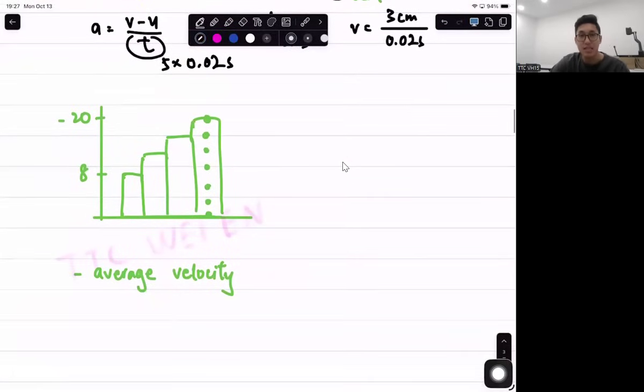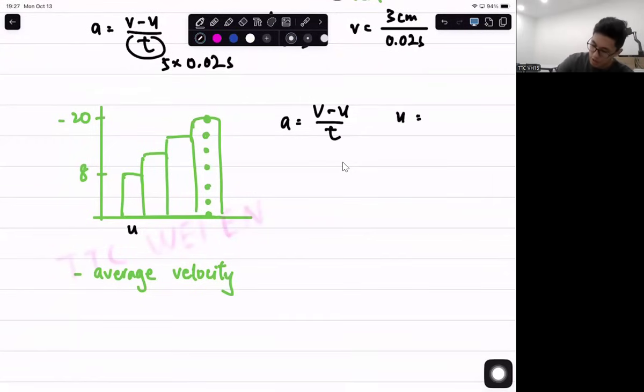Now, if it's a ticker tape chart, same thing also. You want to find your acceleration, you need your U, you need your V. The U is always the first strip and the V is always the last strip. So your U is, let's say this is in centimeters lah. So your U will be 8 centimeters divided by how many jumps here?